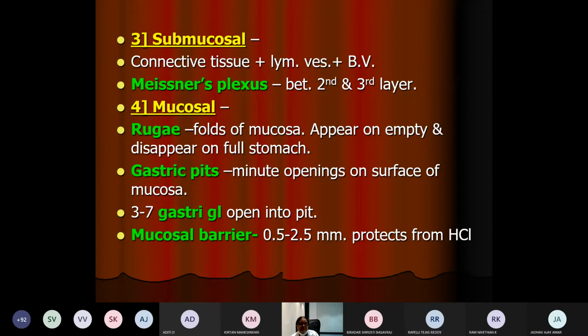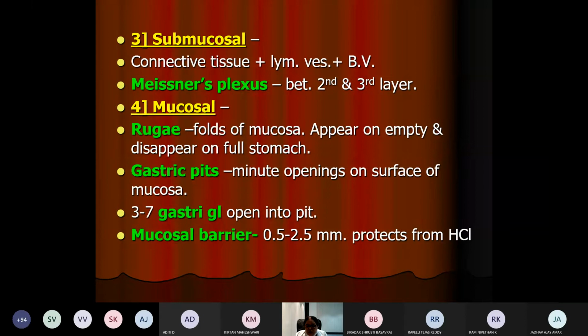Then gastric pits, minute openings on the surface of the mucosa. 3 to 7 gastric glands open into a pit.